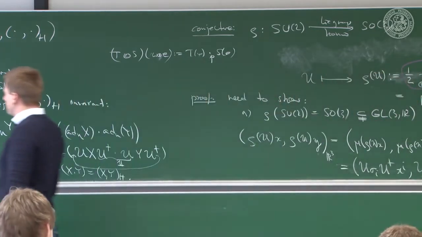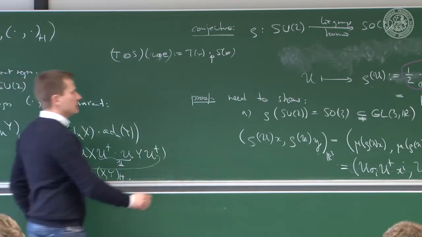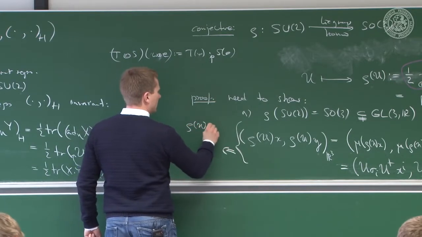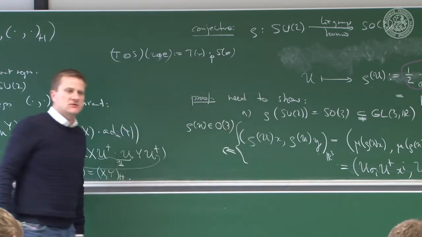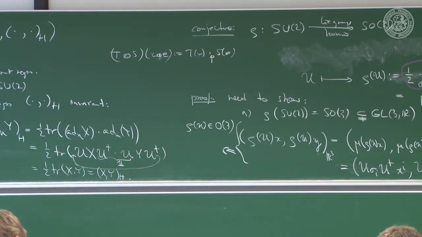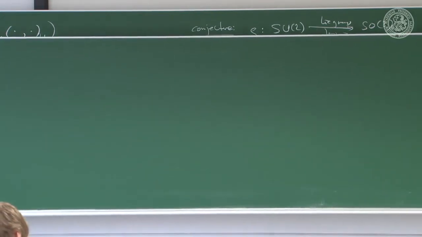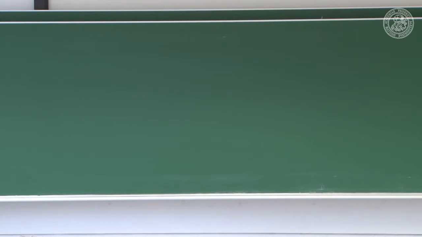So from this calculation, it follows that the rho of u is certainly in O3. It's an orthogonal transformation. It's not yet SO3. In order to show that rho of u lies in SO3, you also have to calculate the determinant, the determinant over real 3×3 matrices, to show that this is 1.